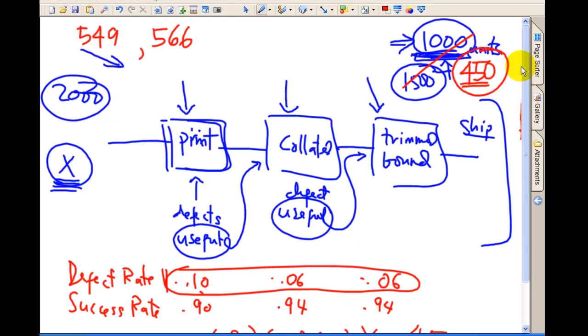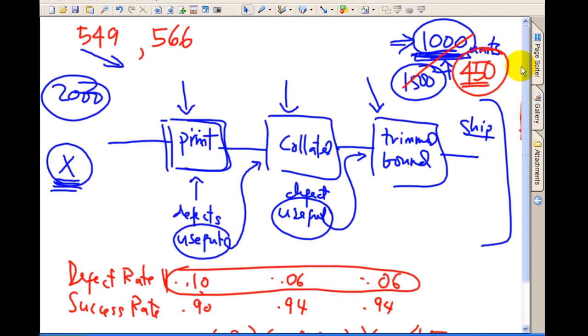Now let's look at this intuitively. We know that this is the unknown, x, the starting point. Of this starting point, on the first phase, only 90% will survive.